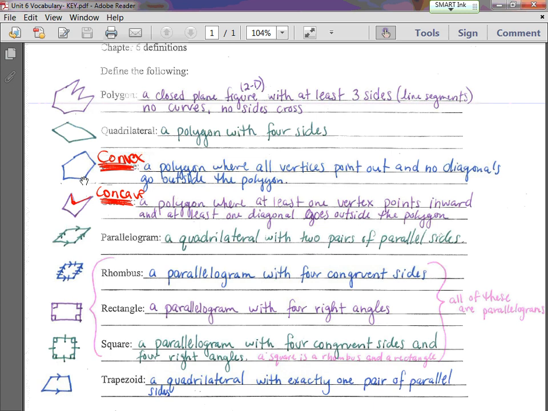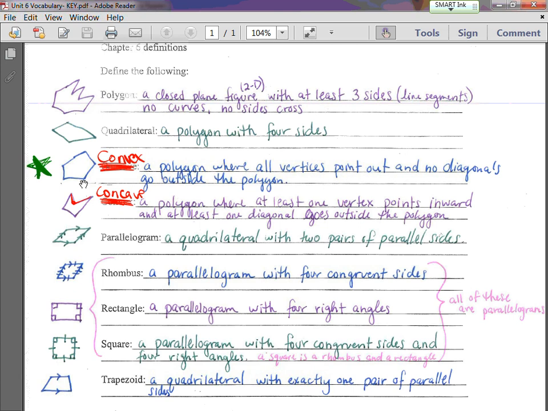We mainly work with convex polygons. Concave polygons don't have a whole lot of special properties. Our convex polygons do. So if it just says a polygon, it is assumed that it's convex for this unit unless it's otherwise specified.